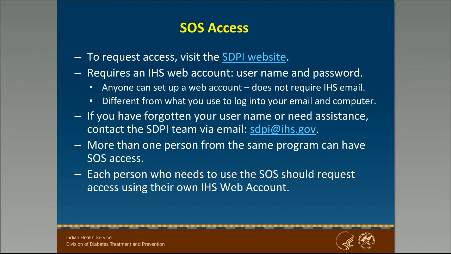So if it helps you to get access sooner rather than later, it may help to have somebody in your program send an email to that SDPI@ihs.gov to introduce you as a new person with the program, or if there's no one available, you can introduce yourself as well using that SDPI@ihs.gov email.